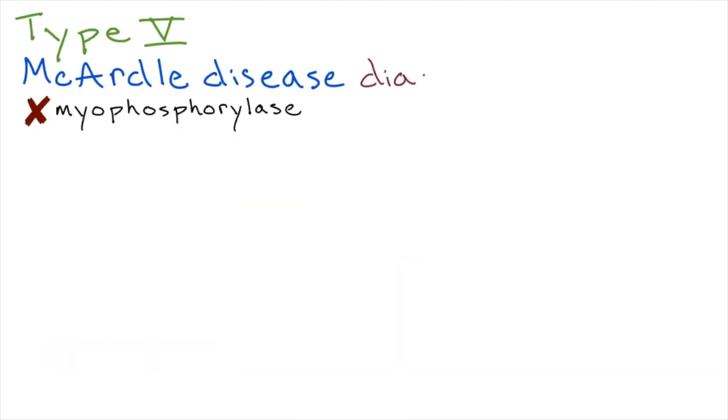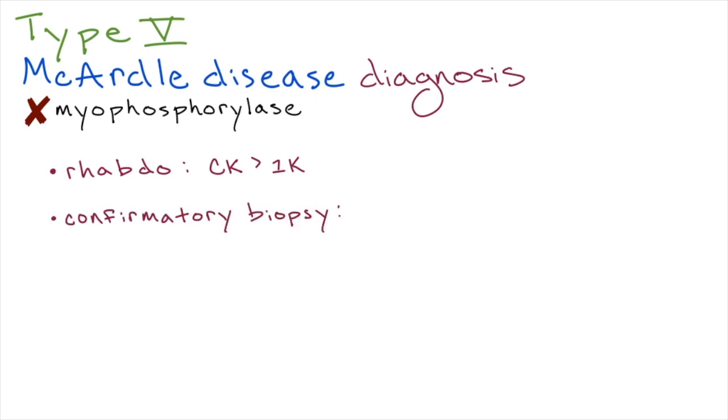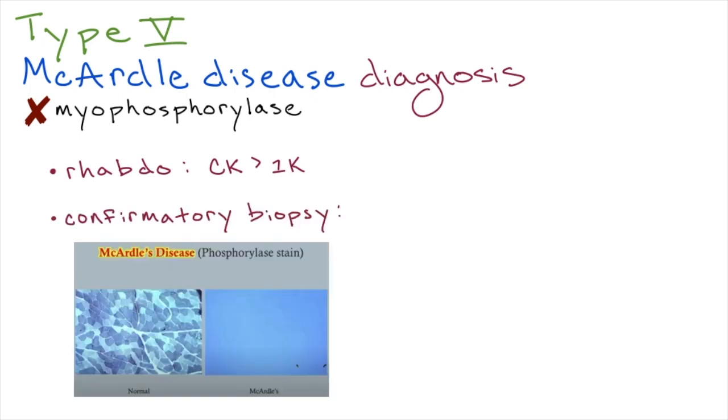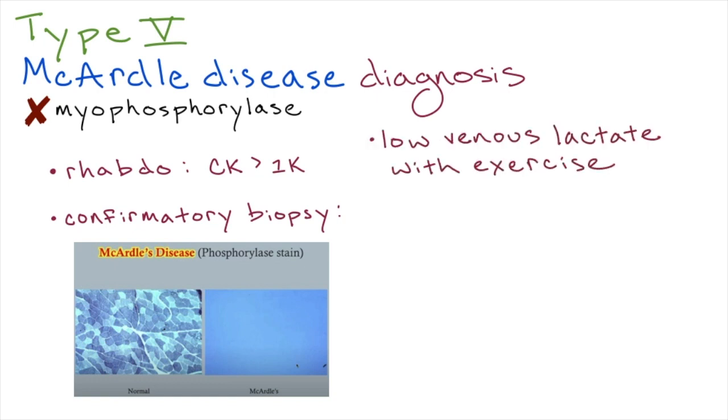Diagnosis of rhabdomyolysis is most often made via measurement of serum CK, creatine kinase, with a CK over 1,000 being concerning. The hallmark of McArdle disease, aside from confirmatory biopsies that show absolutely no phosphorylase in the muscle, is a low venous lactate, when you would expect it to rise with exercise.